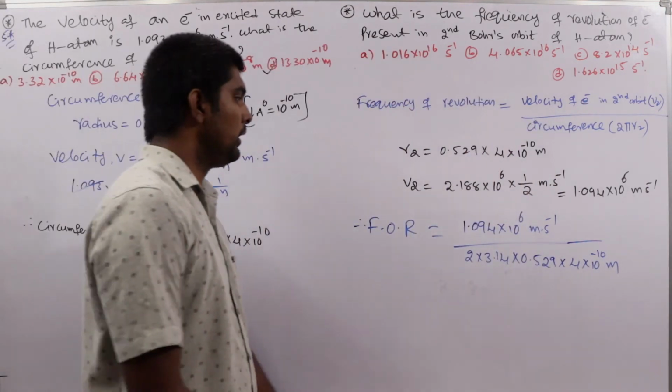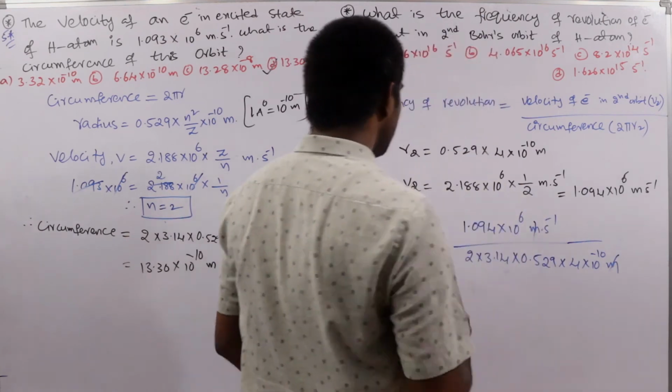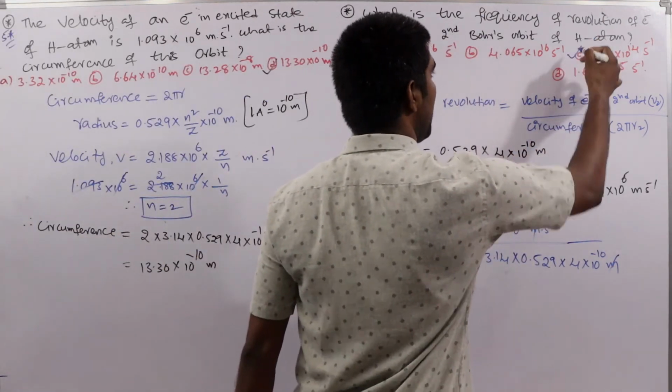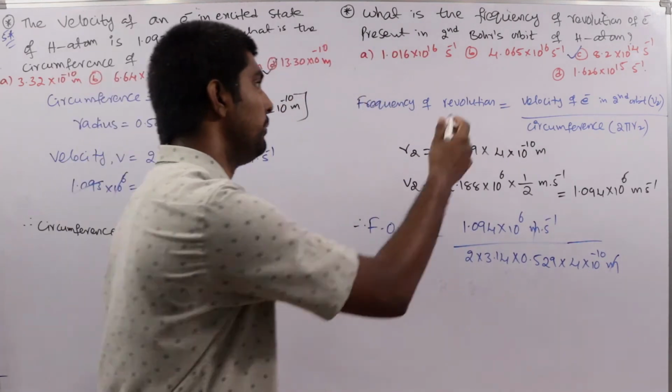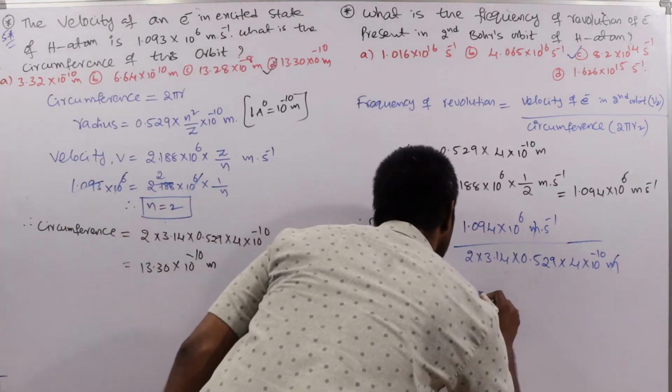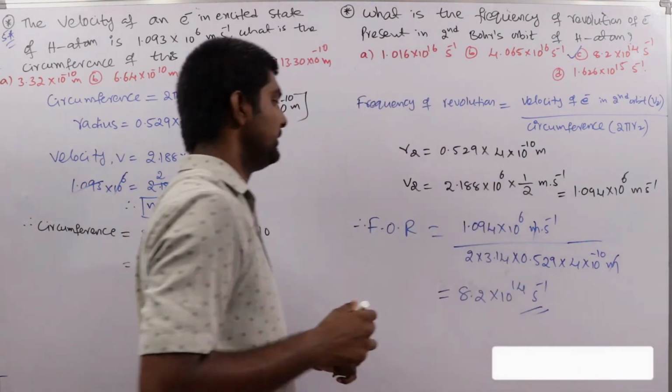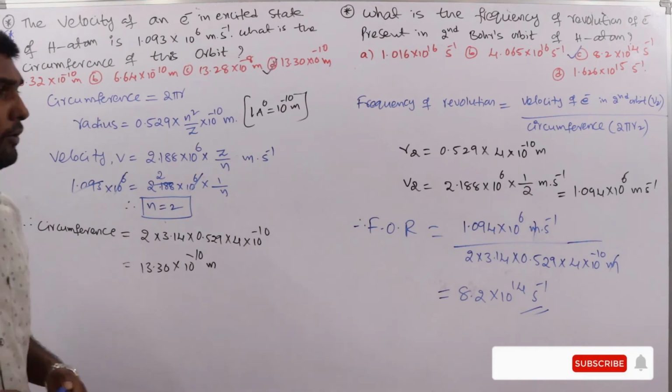Here the meter will get cancelled. Finally, after all simplifications, we get C as the answer, 8.2 into 10 power 14 second inverse. This is the frequency of revolution.